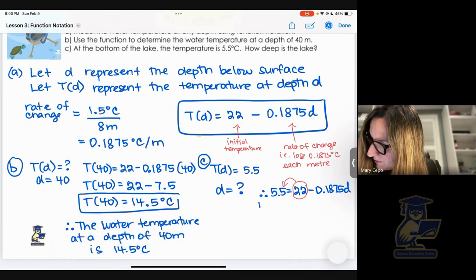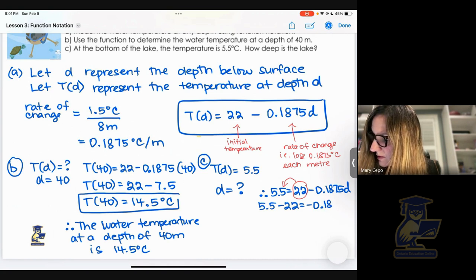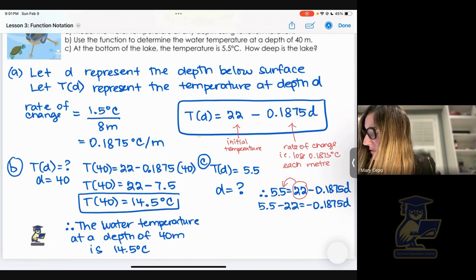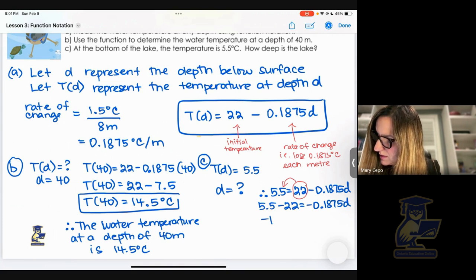So it's going to be 5.5 minus 22 is equal to negative 0.1875 D. 5.5 minus 22, we're at negative 16.5 is equal to negative 0.1875 D.